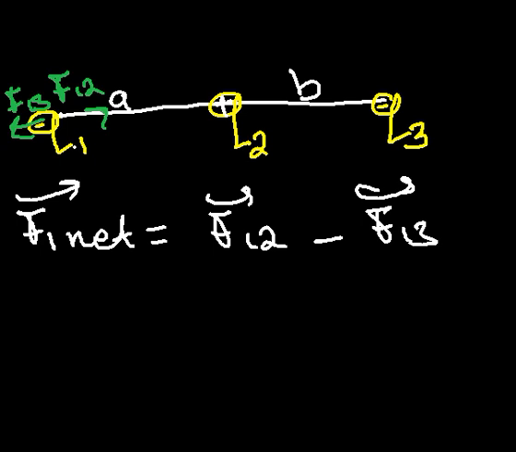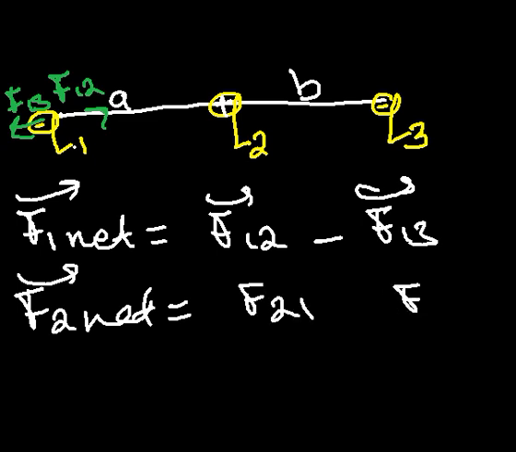How about the expression for F2 net? How can you have the expression for F2 net? We're looking for the net force acting on charge 2 due to the other charges. That will be given as F21 and also F23. Now let's look at the directions and give the signs. This is the parental charge that you have to consider.